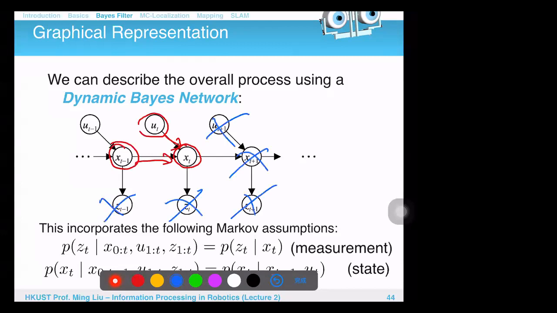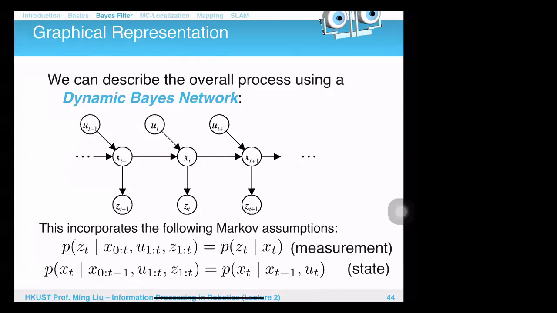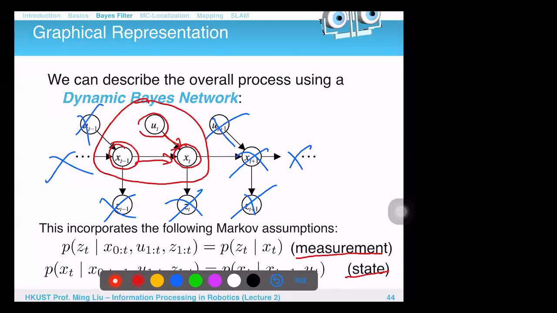We only care about this red area. This is another assumption. We call this measurement update. This is the state update.